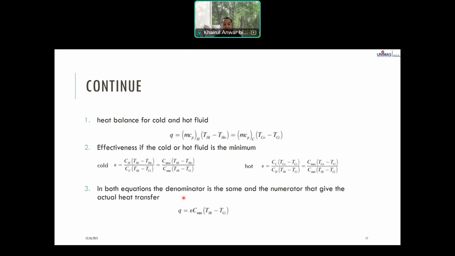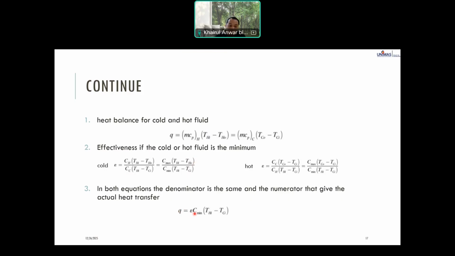In both equations, the denominator is the same, and the numerator gives the actual heat transfer. The denominator has the same expression; the change is in the top, or numerator.